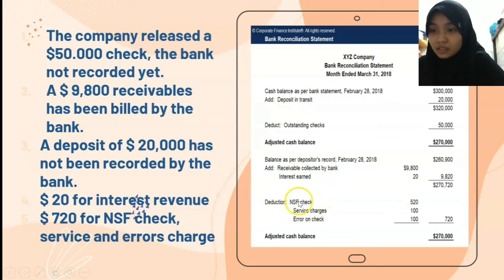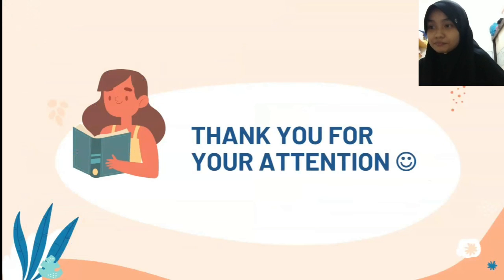Here, deduction: NSF checks 520, service charge 100, error on check 100. So we got the appropriate nominal and the cash balance is the same, $270,000. I think that's enough from me.